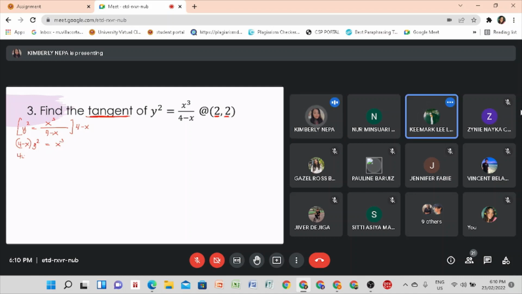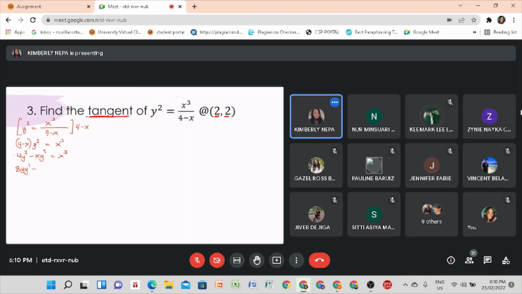So this would be 4y squared minus xy squared is equivalent to x cubed, right? Yes po. So deriving this, since we are already given the points, we only need to find the slope. What's the derivative of 4y squared? 8y prime po.